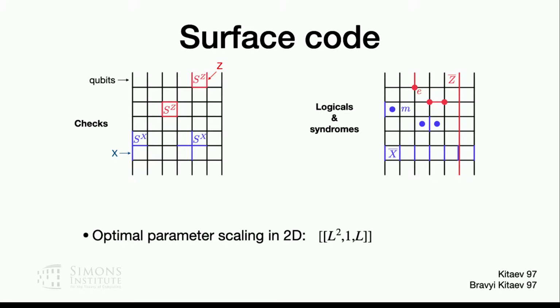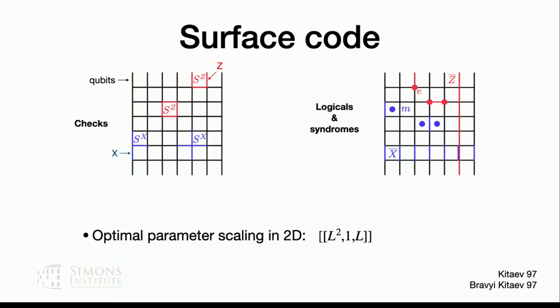Sorry, I should say explicitly, I'm going to switch to using red line notation to denote Z operators and blue line notation to denote X operators, and not explicitly draw them all every time. So over here, you can check any red line through the primal lattice will commute with all the X checks, and so it's going to be a logical.